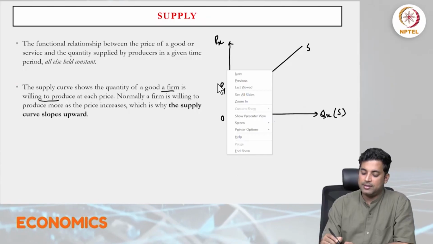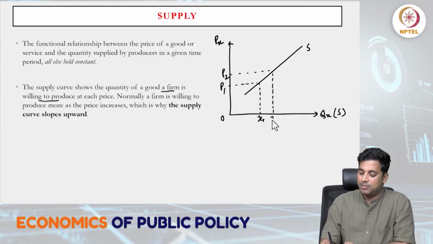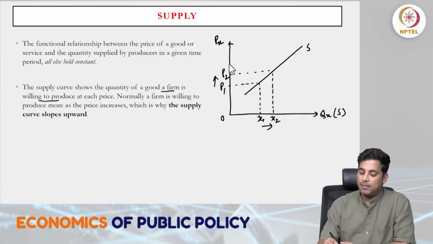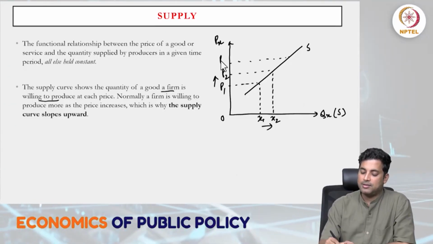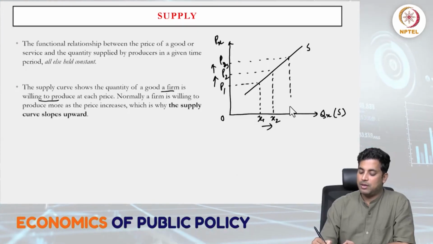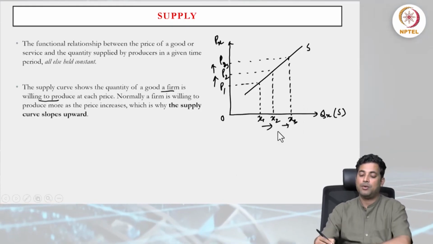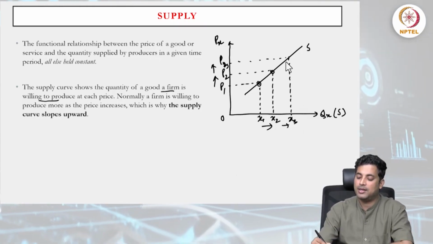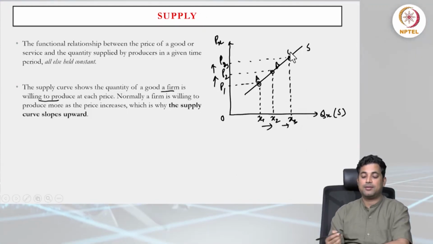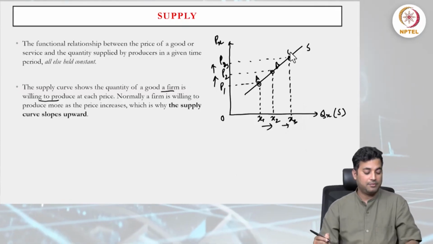As price increases, it will be a motivating factor and the producer will produce more. As price increases further, the producer will produce even more. So this is how we get all the points, like A, B and C. So this is basically the upward sloping supply curve.